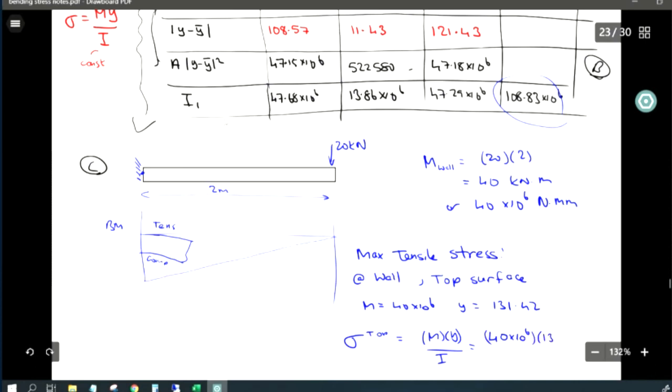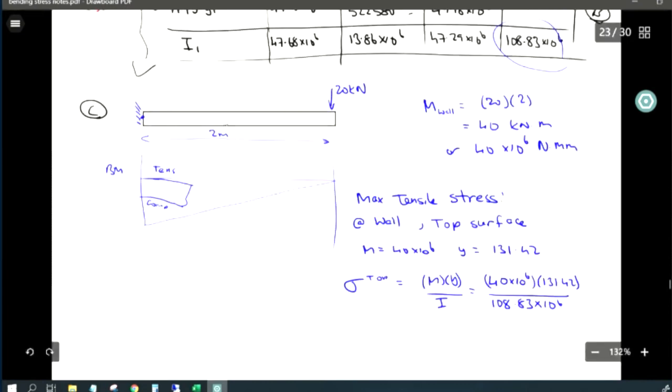So top stress is My over I. By the way, if you want to follow the sign convention properly, we always measure Y upwards, so that would actually be a minus value there, and the bending moment is minus, so the two minuses would cancel out.